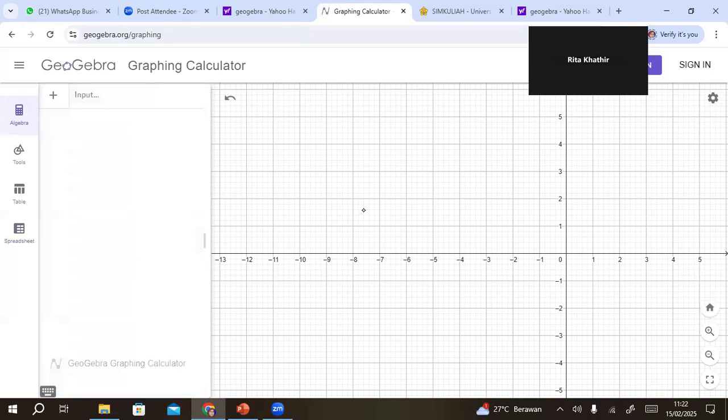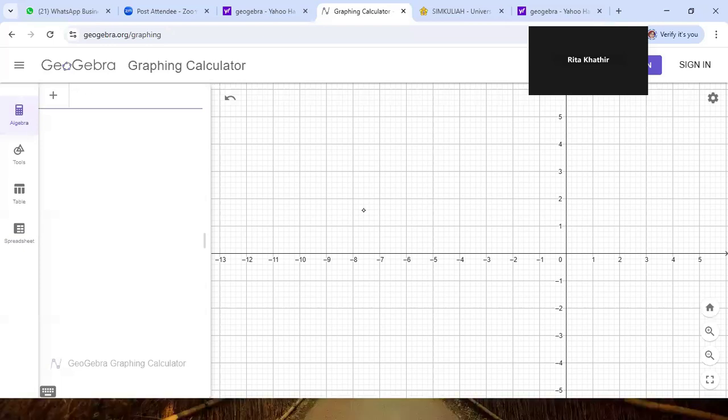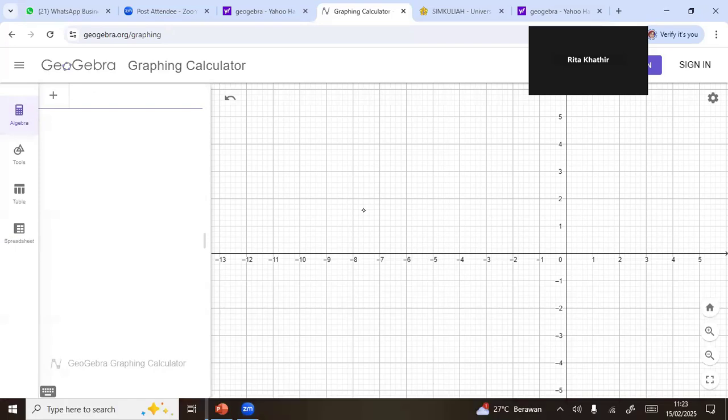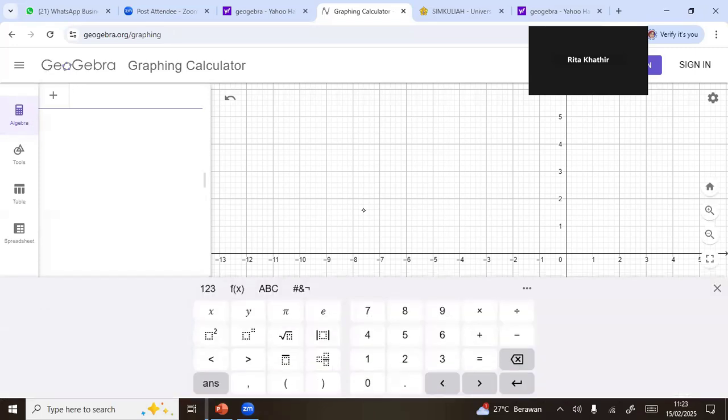Okay, look here. We can import a model. We have the GeoGebra keypad here.